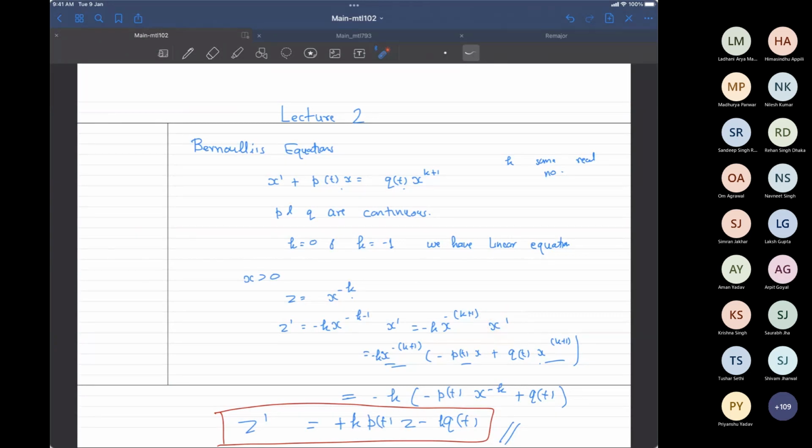I take this one to the other side, so it becomes minus pt x plus qt x power k plus 1. This is what I have done, and then I just take this one inside. That's all. I was confused, I thought x prime was in the second equation. No, that is a separate equation.